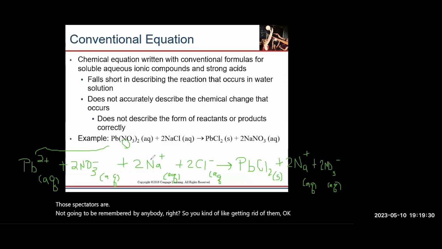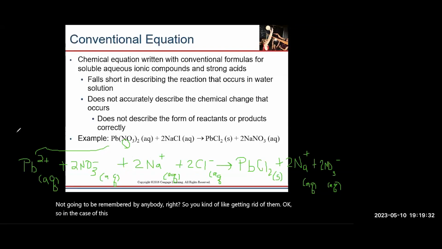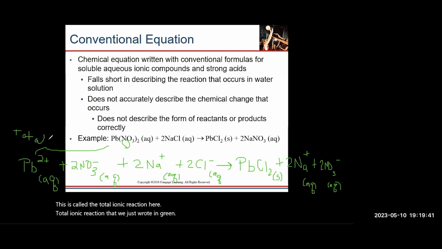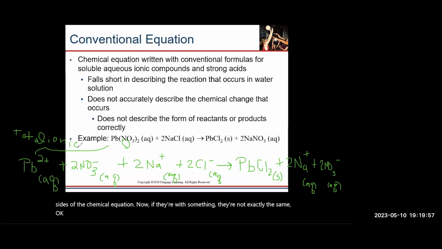So this is called the total ionic reaction here, the total ionic reaction that we just wrote in green. We're going to identify the spectators. Now, a spectator looks exactly the same on both sides of the chemical equation. If they're with something, they're not exactly the same. So can you guys help me identify the spectators?